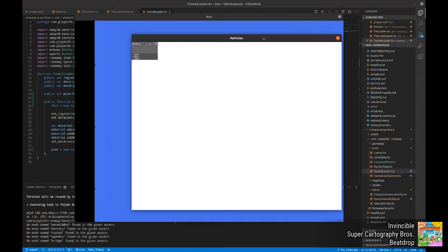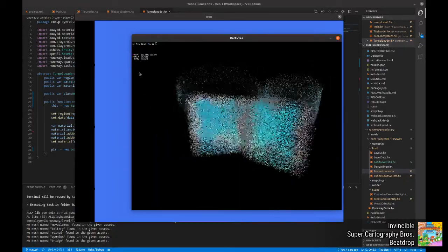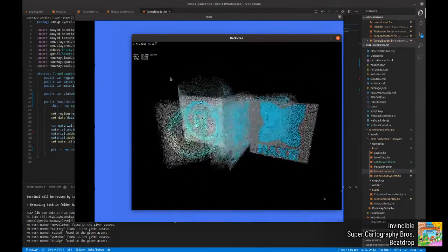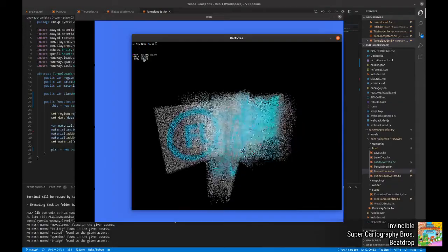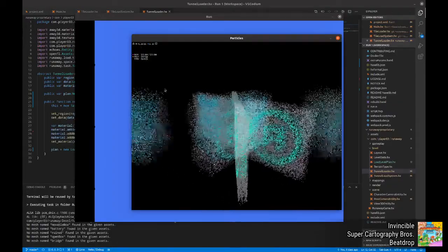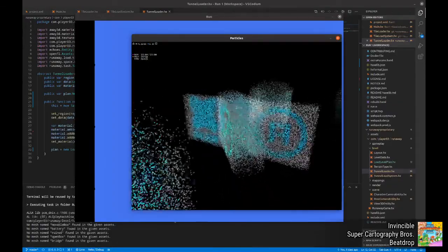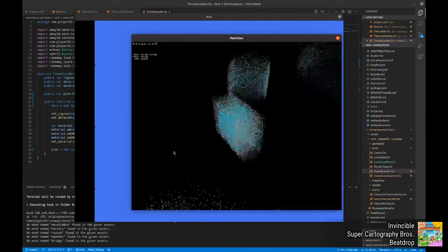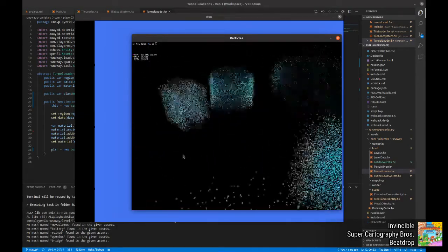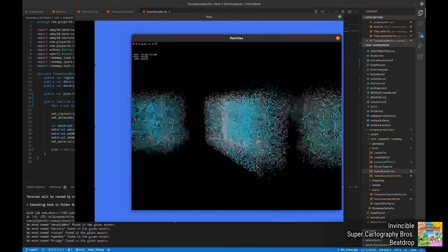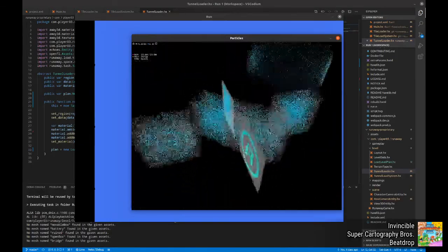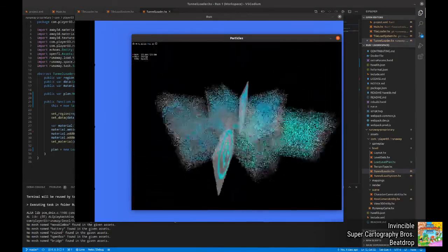You can have 262,000 polygons on screen, and just running and moving at a smooth frame rate, which has never been the case for crumbling tiles.